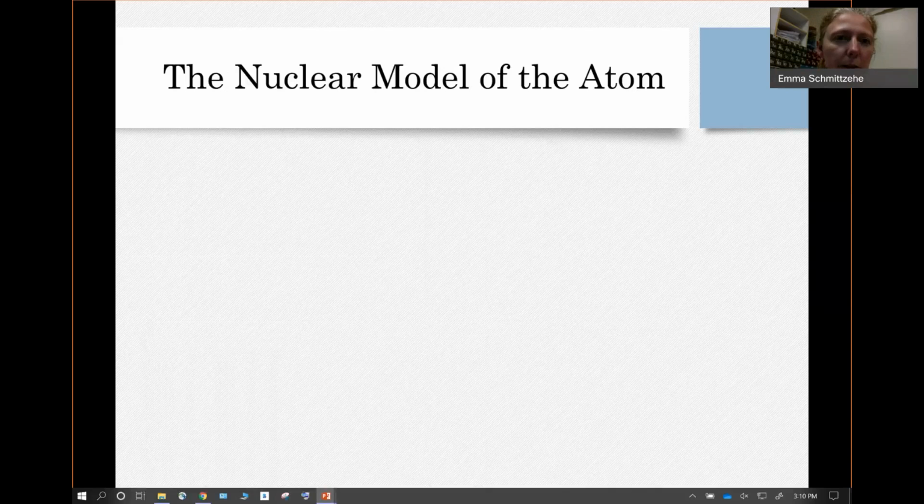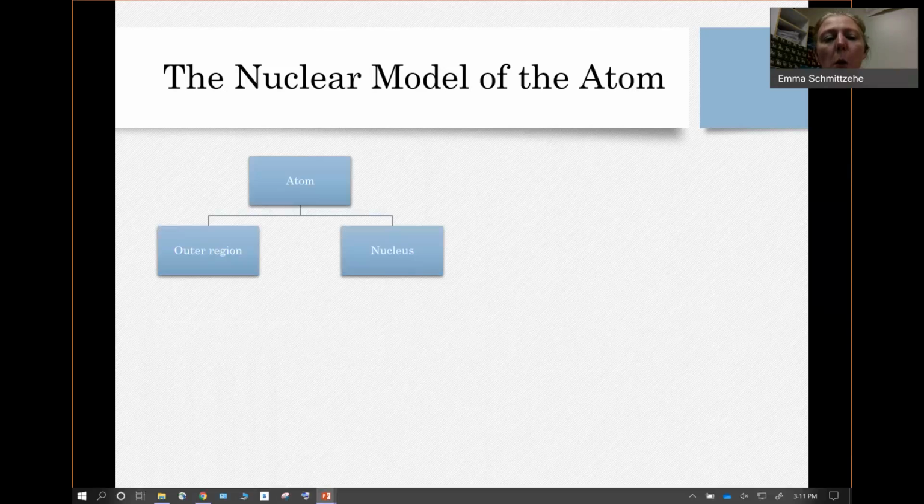But we know that's not a good model. So now we're going to look at the model that's actually accepted today, the model we still accept for how an atom is built, what makes up an atom.